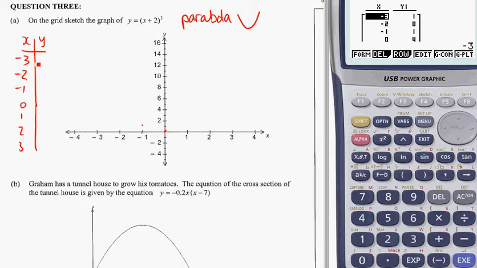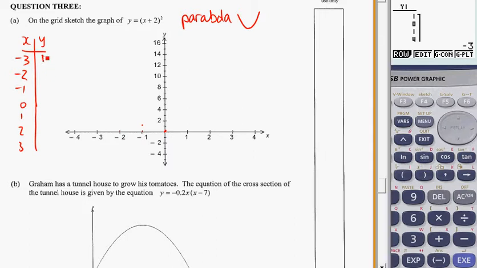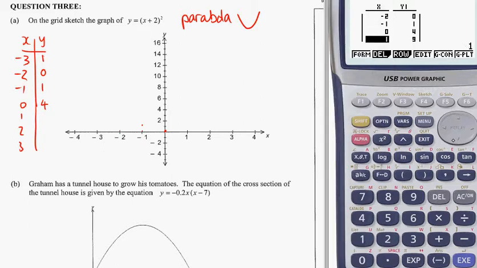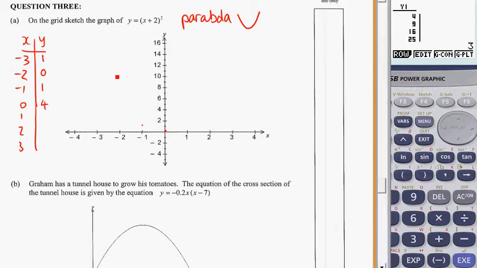And looking down I can see the y values 1, 0, 1, 4, and we could get some more, 9, 16, and so on.